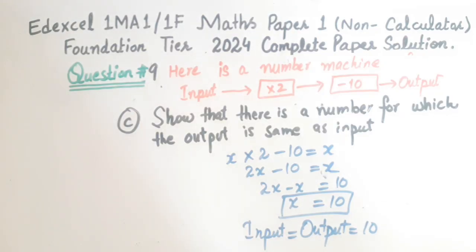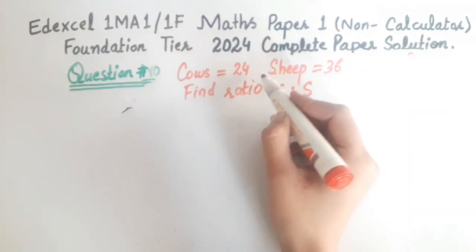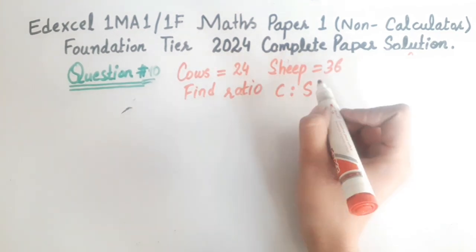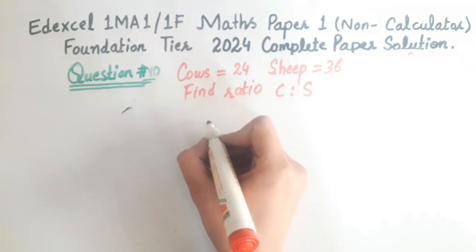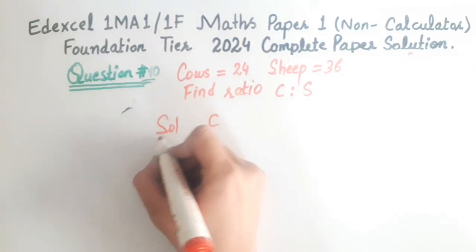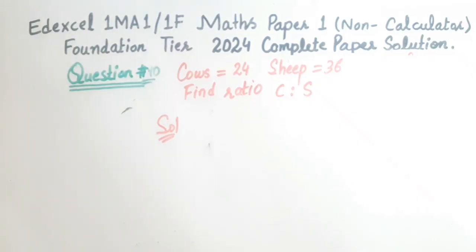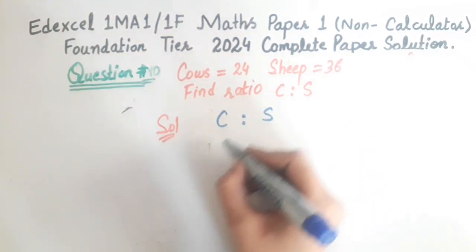Now we will solve the next question, question number 10. Cows in a farmhouse are 24 and the sheep are 36. You have to find the ratio. So you will write the solution as cows to sheep.